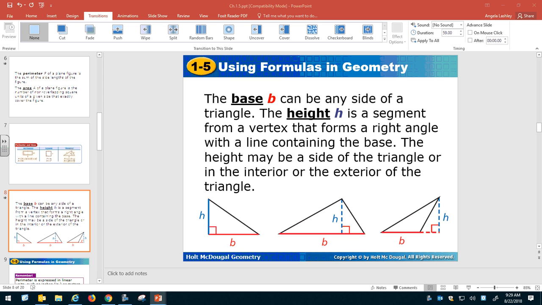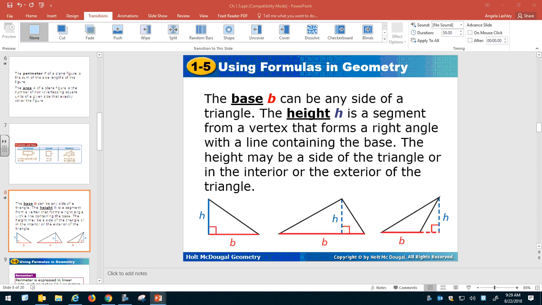Let's talk about base versus height. The base of a triangle can be any side of your triangle. Up here on the board, I went ahead and changed it to the bottom of my triangle, but it doesn't have to be the bottom. I can call A the base.